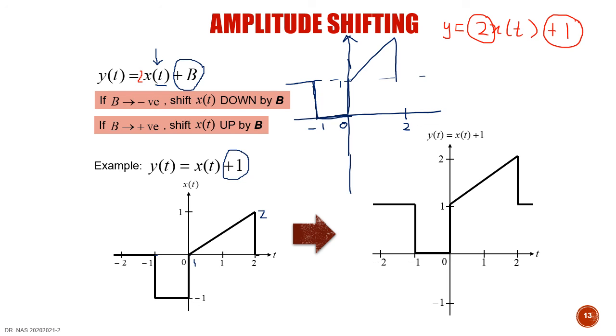When you have amplitude scaling, the amplitude of the signal now, 2 times 2 becomes 4, and 1 times 2 becomes 2, and 0, and here also 2. Okay, so if you have a variable in front, it is called amplitude scaling, and if you have plus or minus at the back outside the bracket, it is amplitude shifting, whether the signal is shifted up or shifted down.